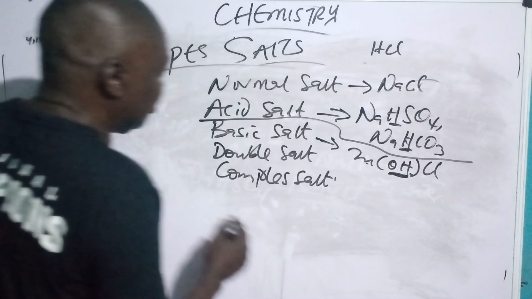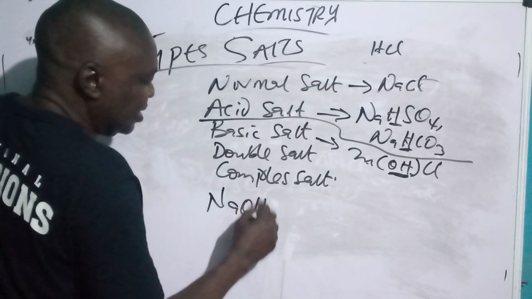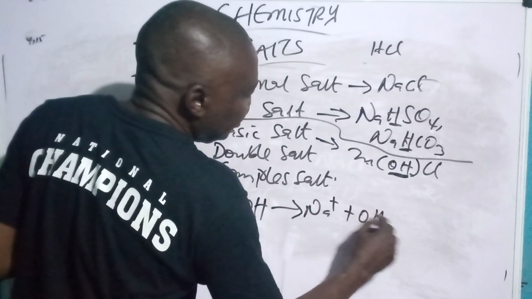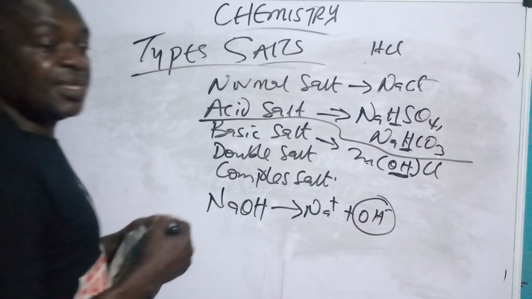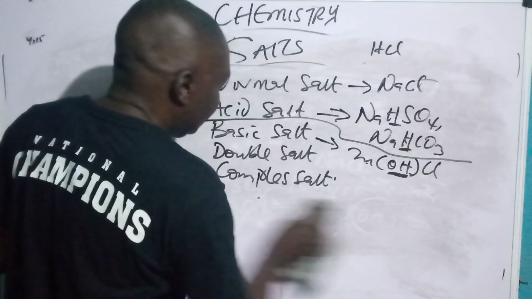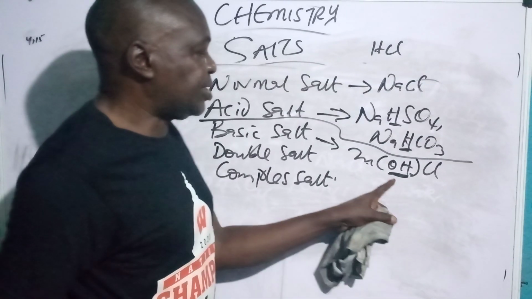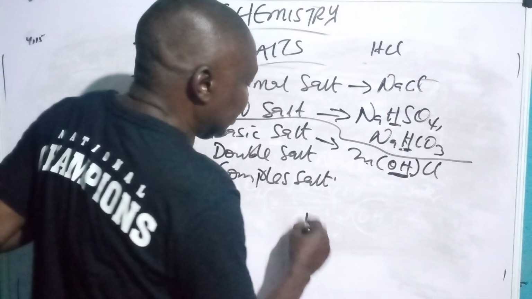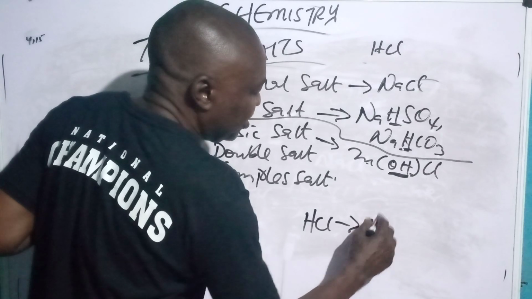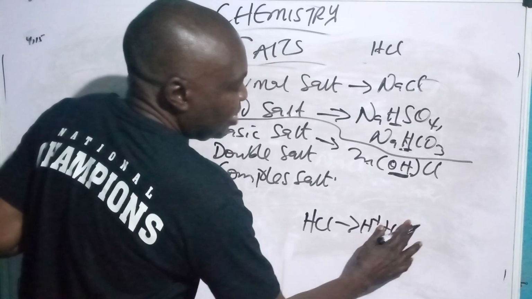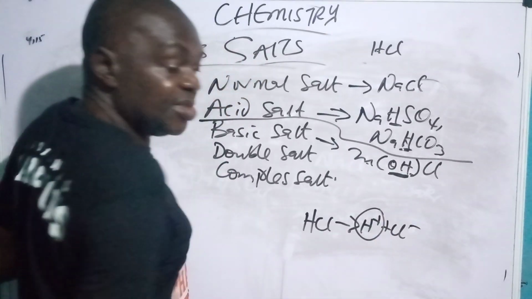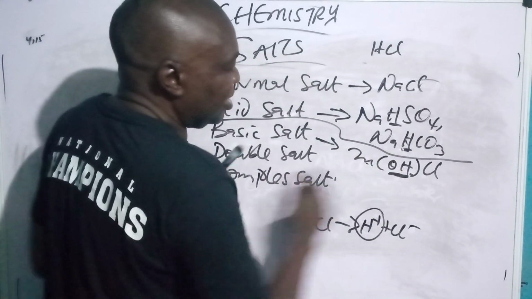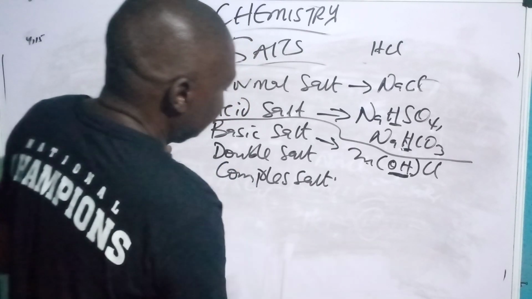Remember when we were discussing before, we said NaOH, according to Arrhenius, gives Na+ and OH-. The presence of this OH makes it alkaline, or makes it basic. We call it a base. So OH is still there. This one, hydrogen, is what makes it an acid. Remember we also said HCl gives you H+ and Cl-. According to Arrhenius, this one is what makes it an acid. So in as much as hydrogen is still here, it's an acid salt. If OH is there, it is the basic salt.